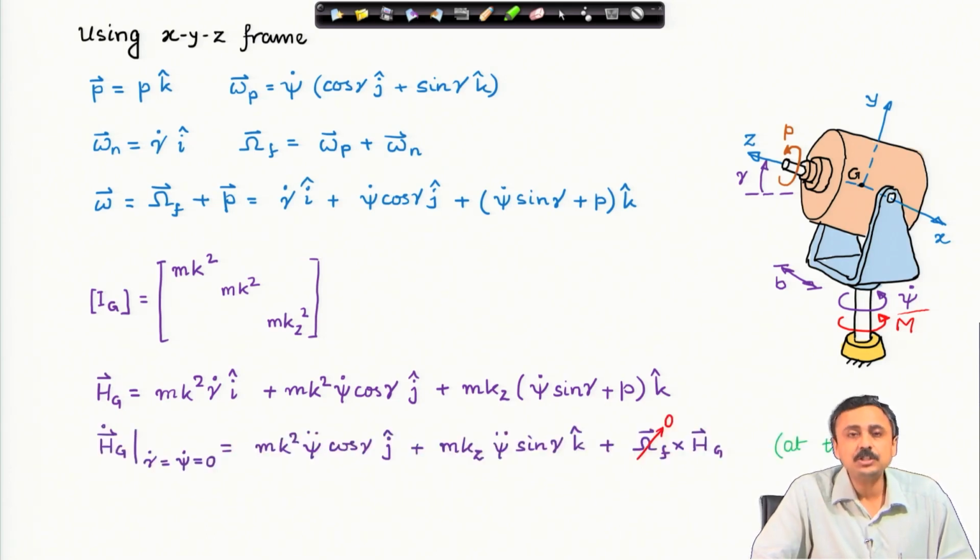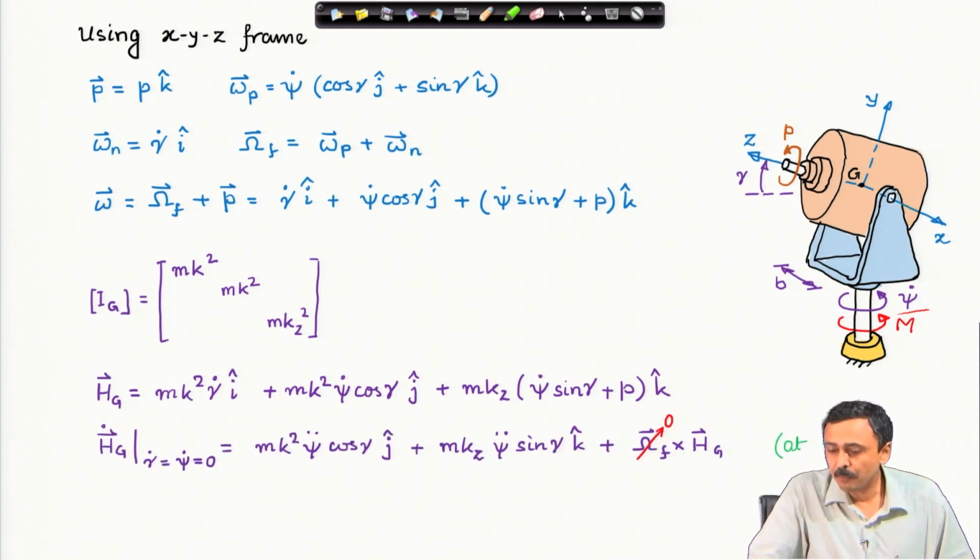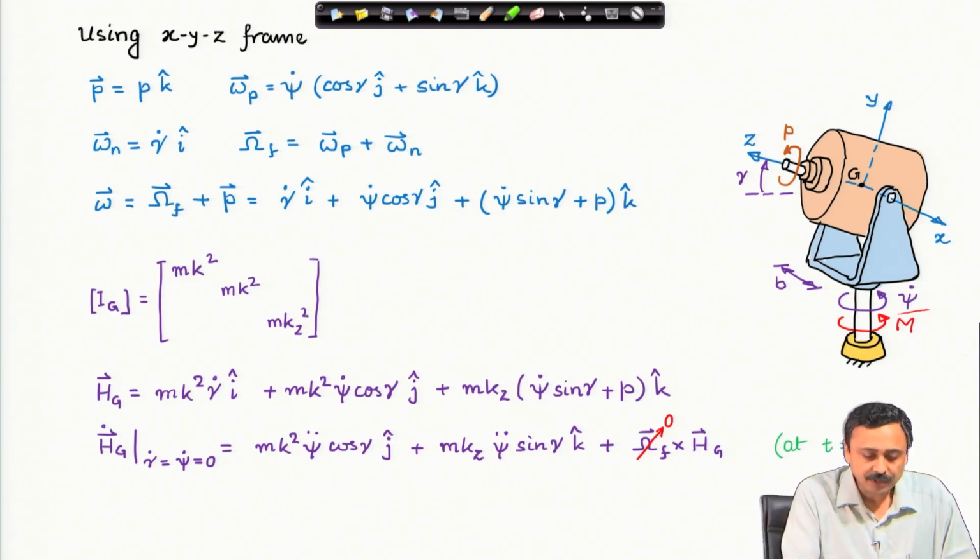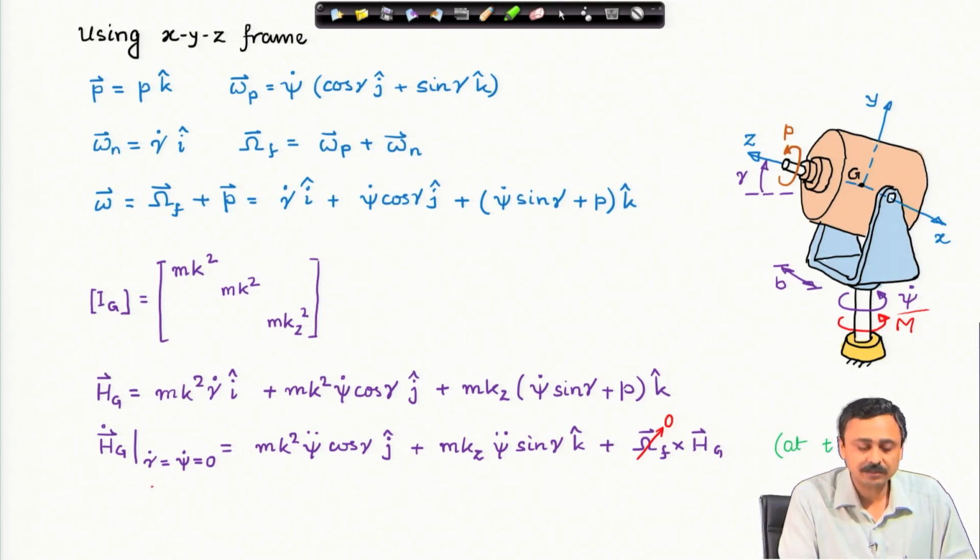Now, the rate of change of angular momentum at time t equal to 0 plus. This moment has been applied at time t equal to 0 plus and it has not yet generated any psi dot or any gamma dot. Therefore, I find this rate of change of h G, following our prescription of course, when gamma dot and psi dot are 0.